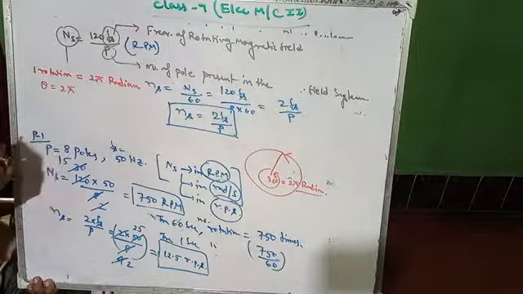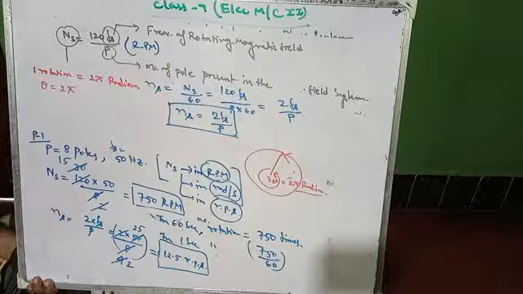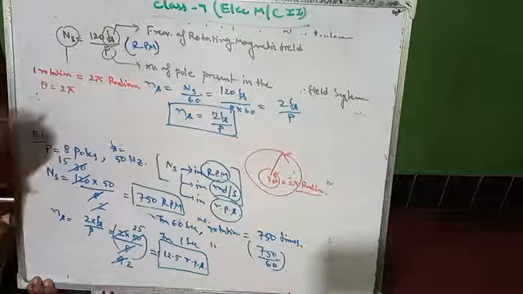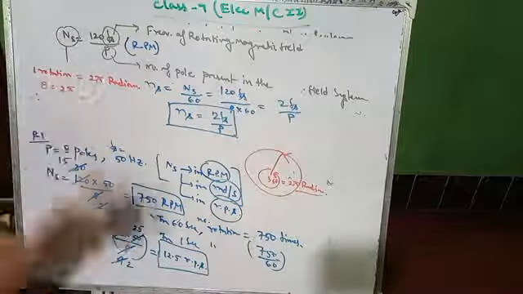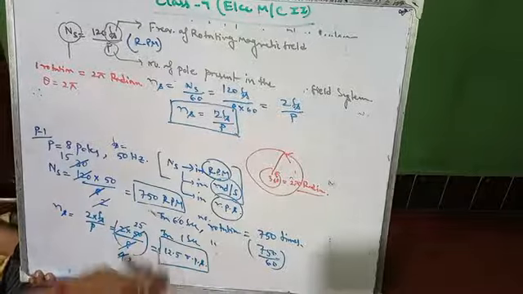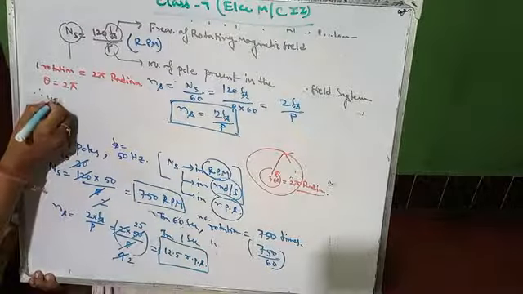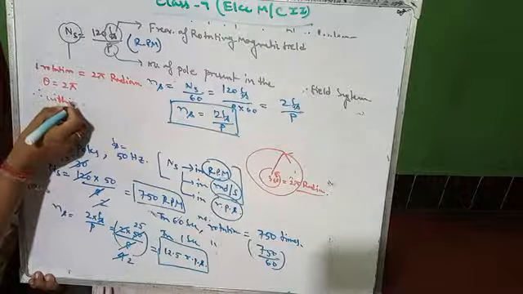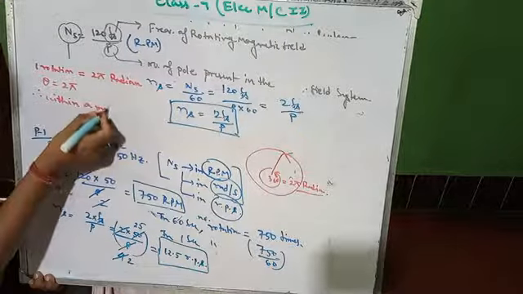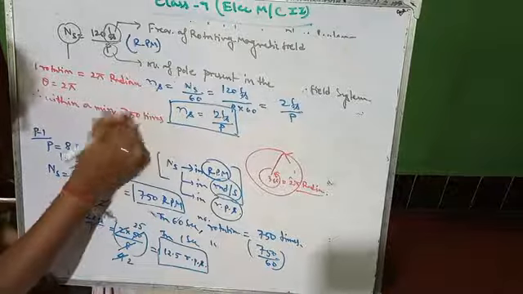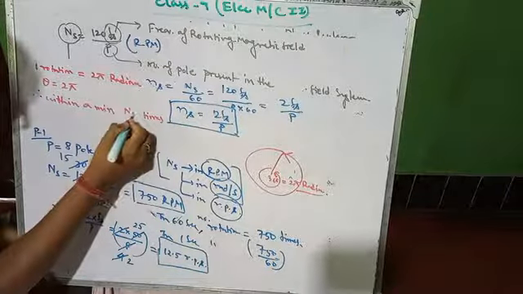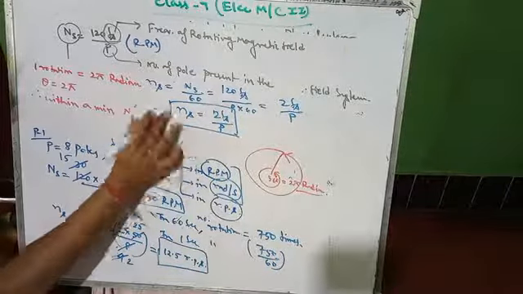If we express it as ns times rpm, that means within a minute, 750 times, or make it general, ns times rotation.